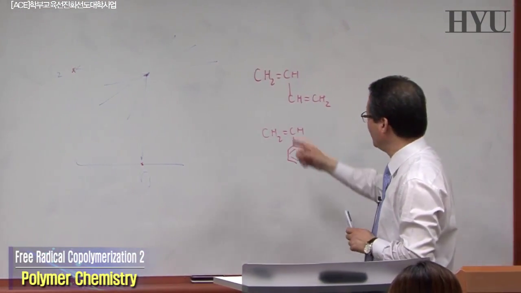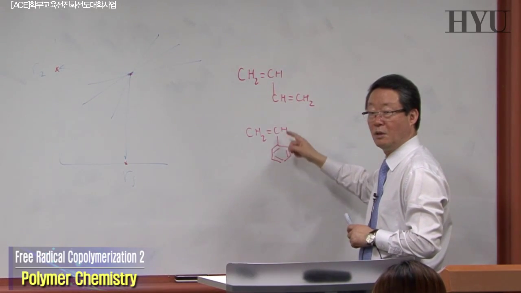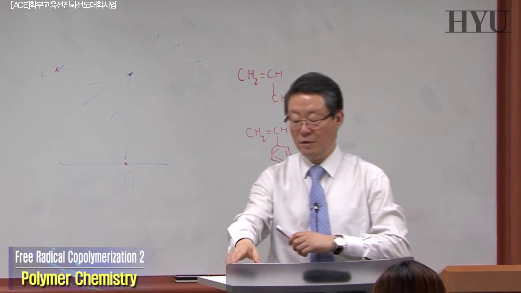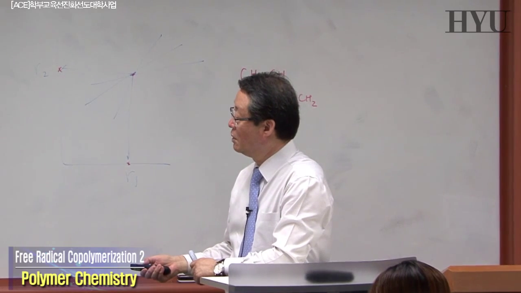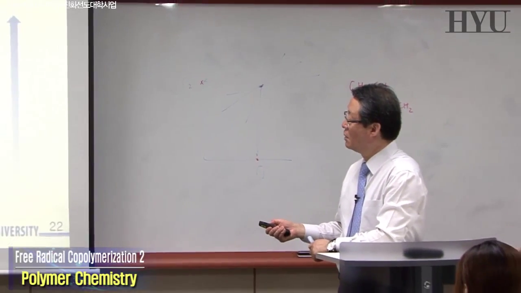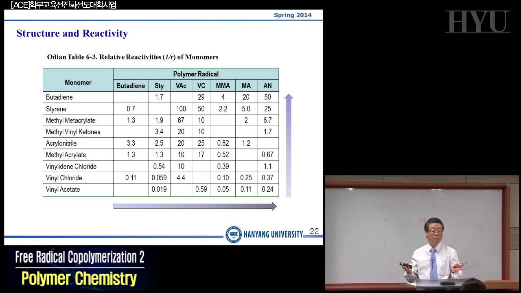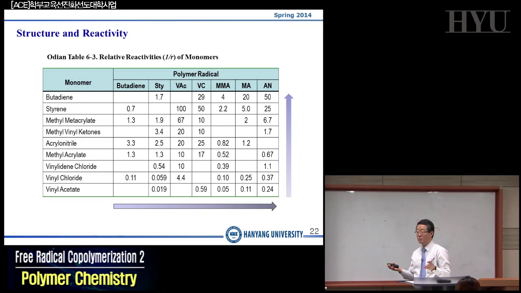Or you have a conjugated structure. So if you have a conjugated structure in your vinyl group containing monomeric systems, your reactivity increases. Your monomer reactivity increases from bottom to top.